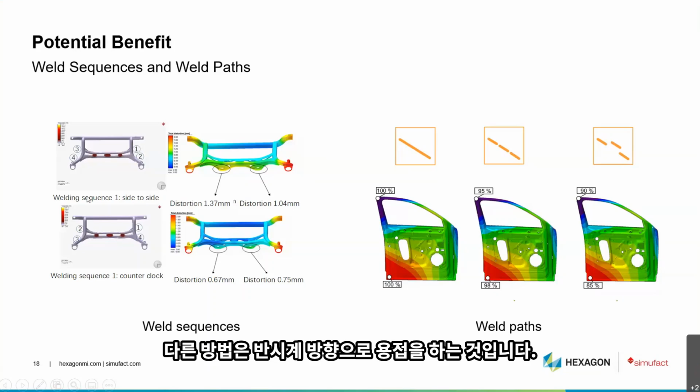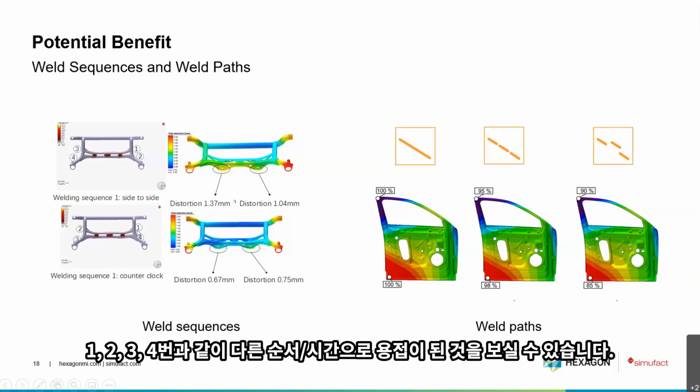Another variant is to do it counterclockwise, 1, 2, 3, 4. So we have another order and another point of time when each welding spot is manufactured.